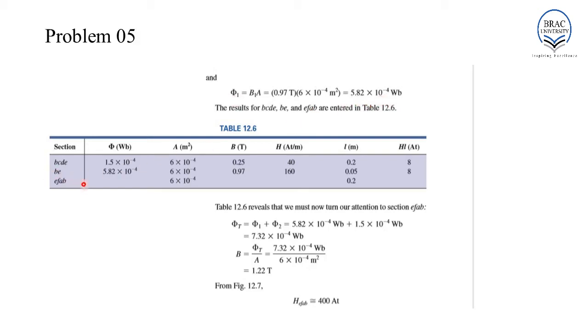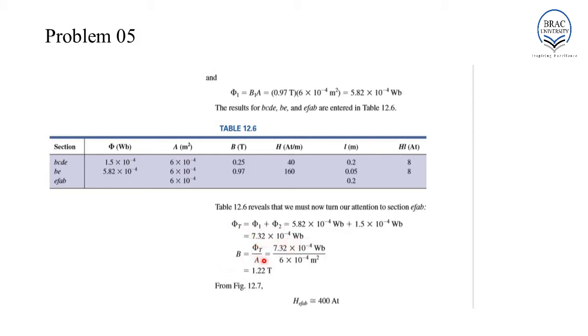Now, if we observe the data table, we can see that for section EFAB, which is this portion, we don't know the value of phi, B, H and HL. We know that from the given information in the question, phi t equals phi 1 plus phi 2, which will be equal to 7.32 into 10 to the power minus 4 Weber.